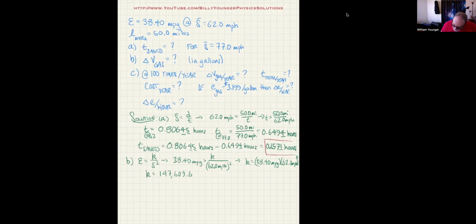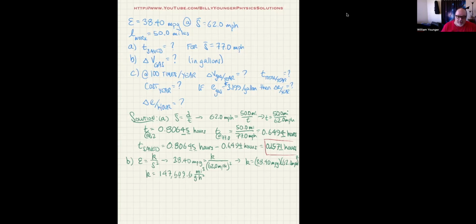And notice the units turn out to be miles cubed per gallon hour squared. That's really what the units are. Obviously, I use 4 sig figs and 3 sig figs. So to be honest with you, all of these digits, the 6, 0, 9, and the 6 are all extra sig figs. They're not really sig figs at all.